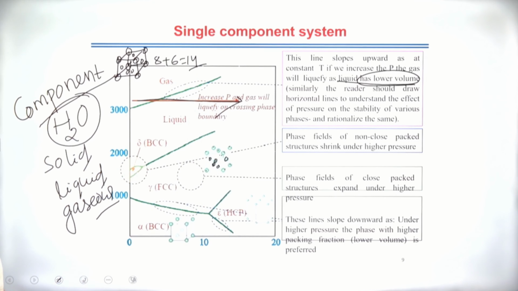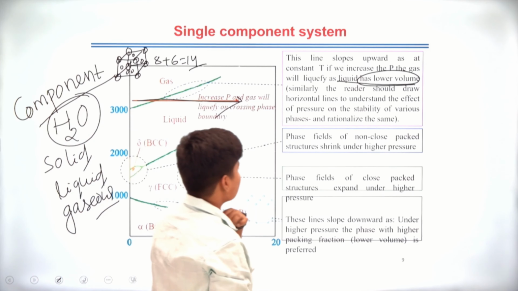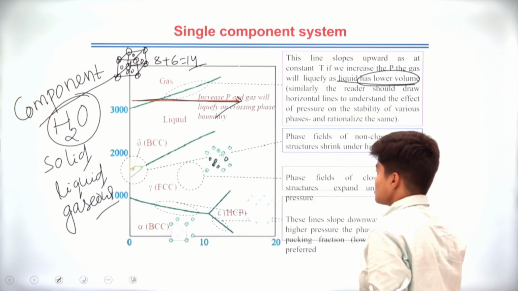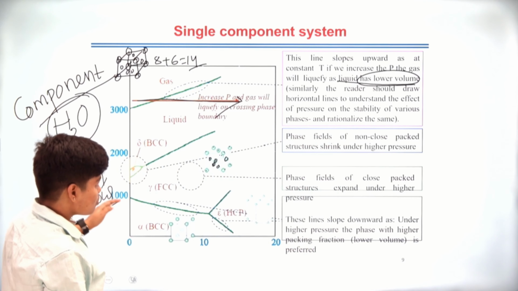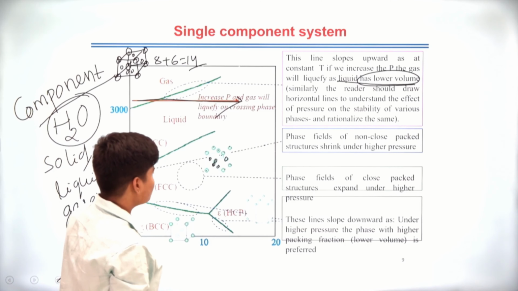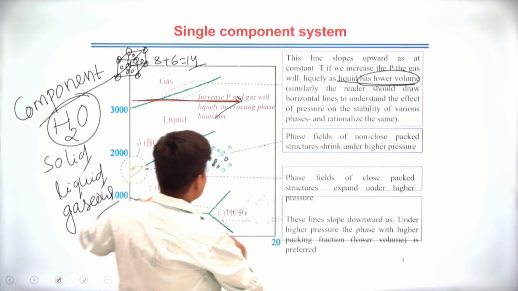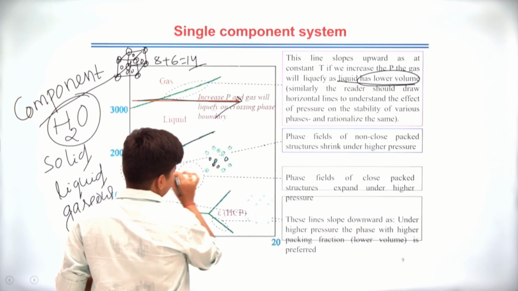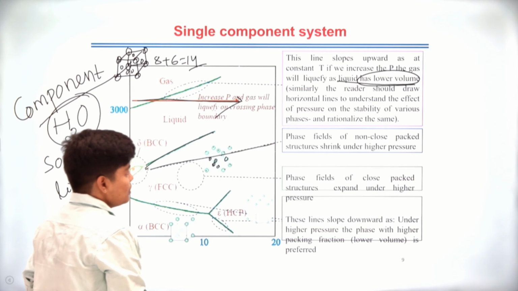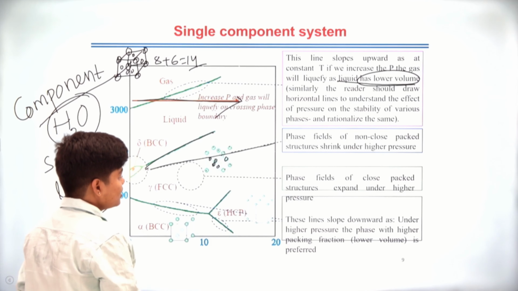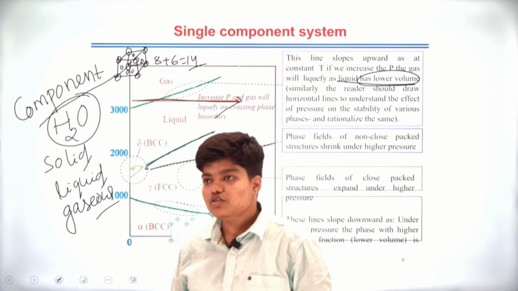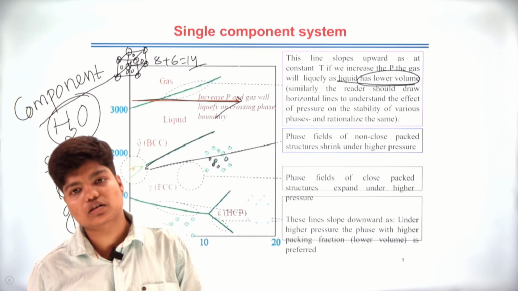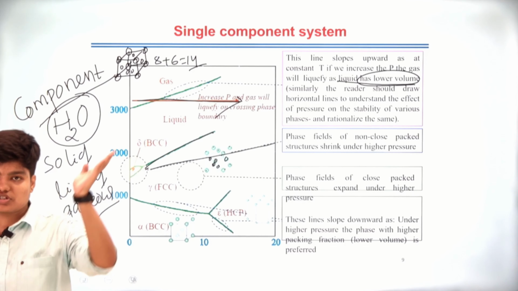So how does FCC behave when increasing the pressure at constant temperature? The slope increases, then at some pressure the slope behaves in a downward direction, from this to this, because the close packed structure shrinks under high pressure. Some systems expand under high pressure, so the slope goes upward.